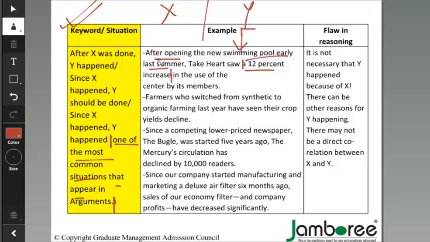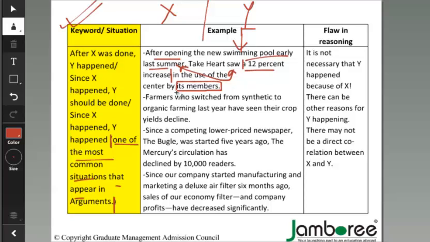Maybe there were some vacations, maybe some festival, maybe the school holidays were around, maybe that's why the increase happened. So there's no obvious reason connecting these two. They're just jumping to conclusions, just speculating that the 12% increase happened because of the new swimming pool.